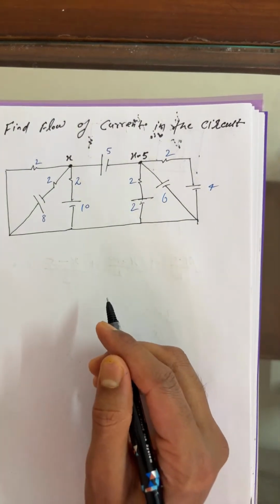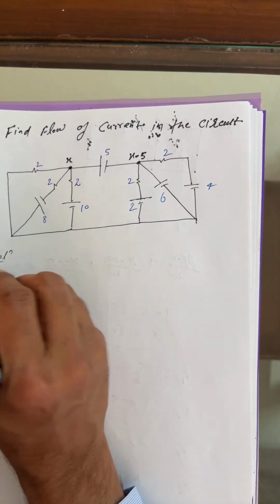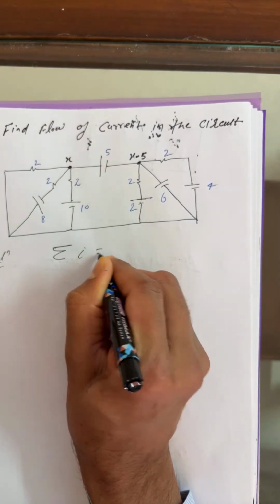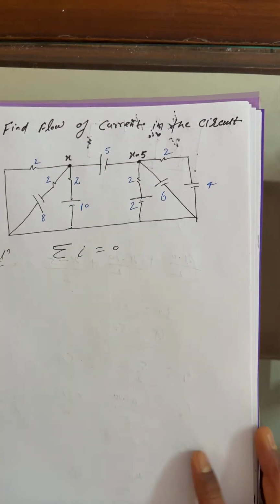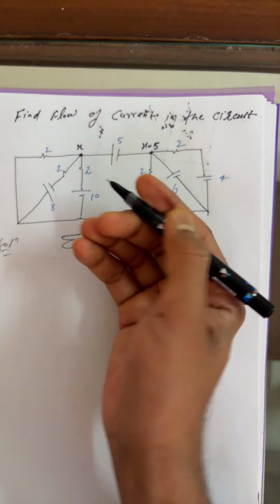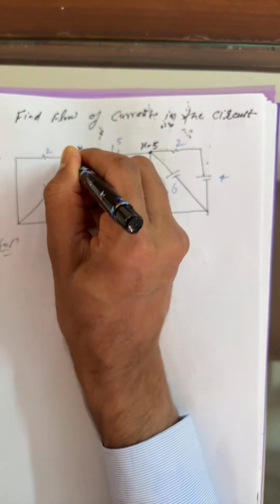Just go through this. Apply Kirchhoff's law. In the solution you can say according to Kirchhoff's law, the summation of current equals 0. So equate the entire current.